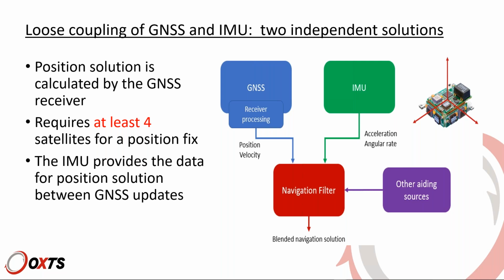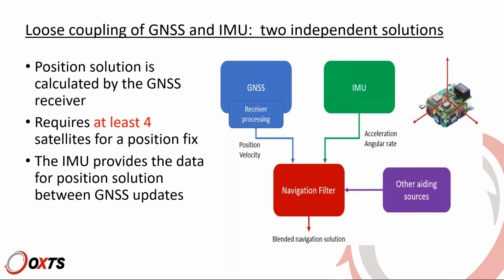So position of the system will be calculated by a GNSS receiver, and at any given time, the receiver will require at least 4 satellites to give you a position fix. Fewer satellites means the receiver is not able to compute a position fix.